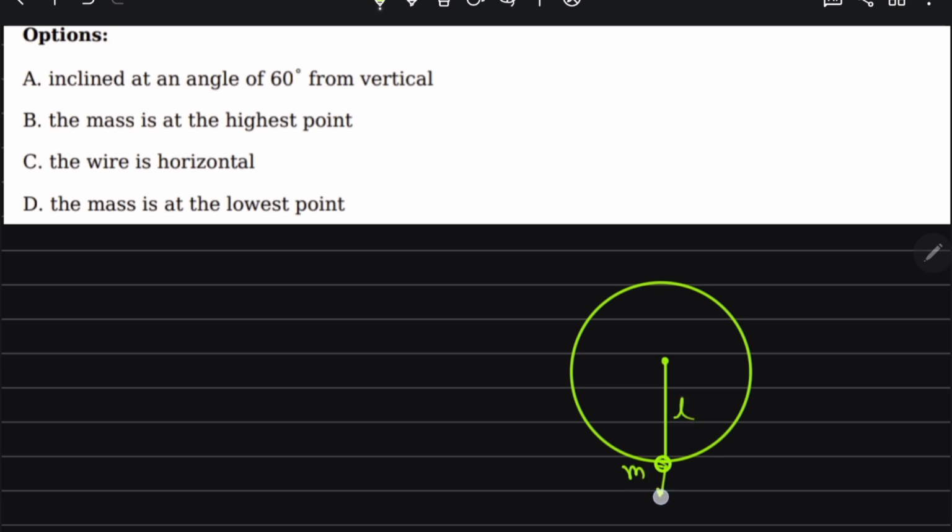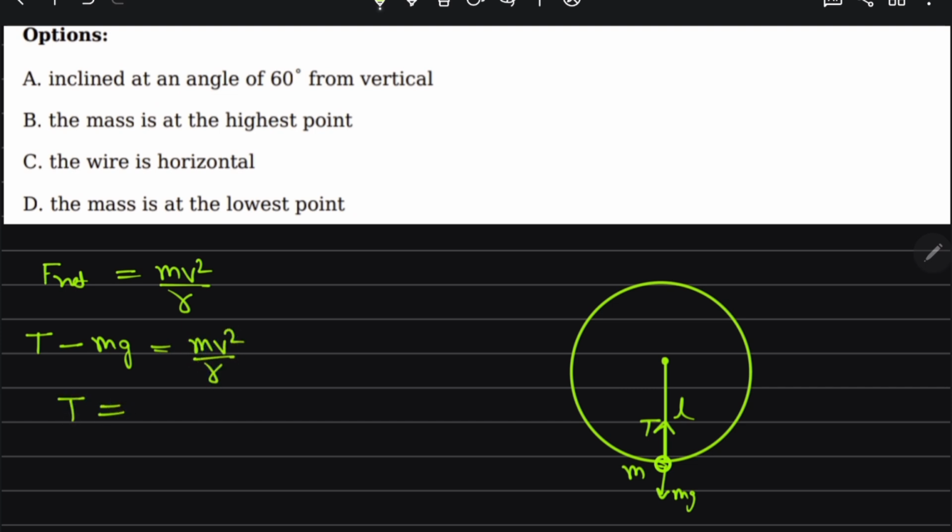If you see, mg force acts downwards, tension force acts upwards, right? So the net force provides the centripetal force. F net is equal to mv square by r. So T minus mg is equal to the centripetal force mv square by r.